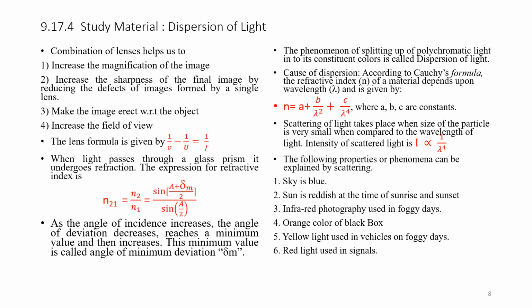Infrared photography used in foggy days. Orange color of black box, yellow light used in vehicles on foggy days and red light used in signals. Please note, the scattering of light has been deleted by CBSE for the year 2020 to 21. Hence, you can skip it.